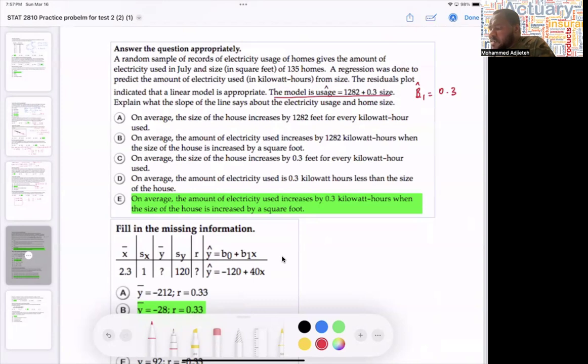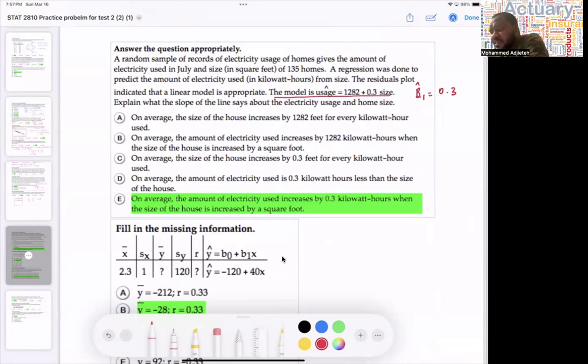So when you look at this definition, what is the slope here? The slope here is positive. Is that okay? So it means that on average, electricity usage increases by this much when the size of the house is increased by 1 square foot.